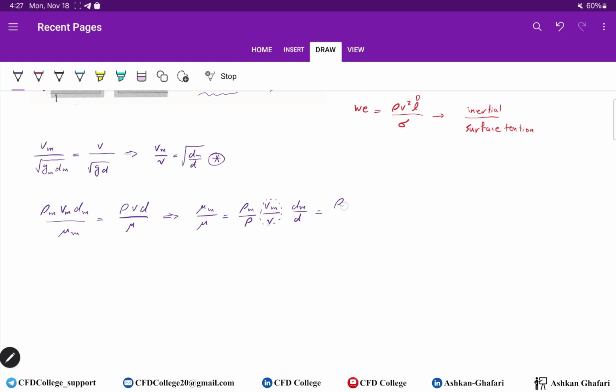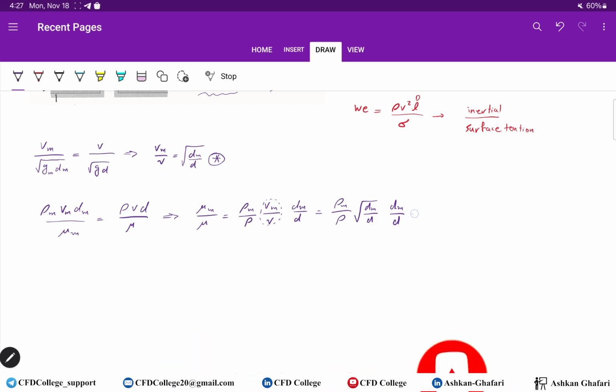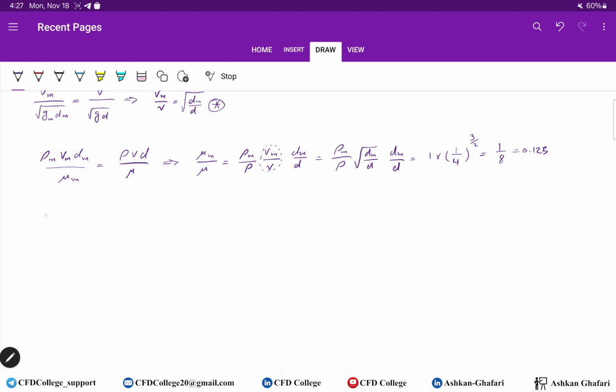So it equals rho m over rho times square root of Dm over D times Dm over D. So we have 1 times 1 over 4 to the power of 3 over 2, which means 1 over 8, or 0.125.